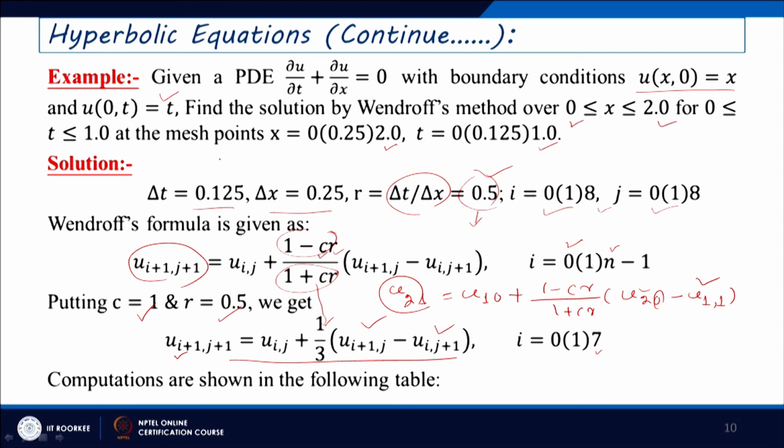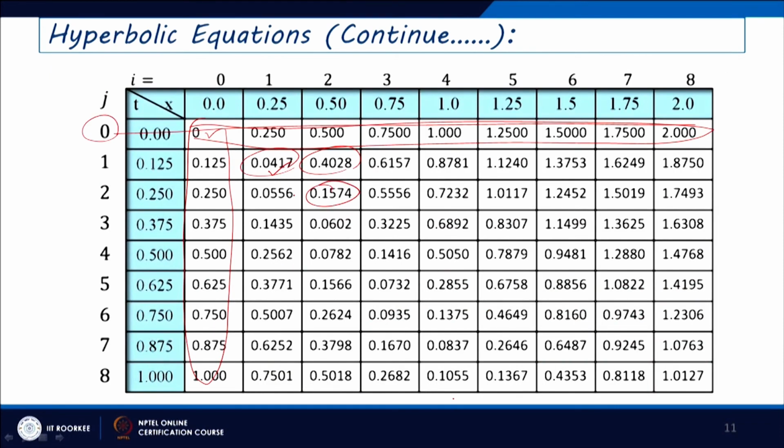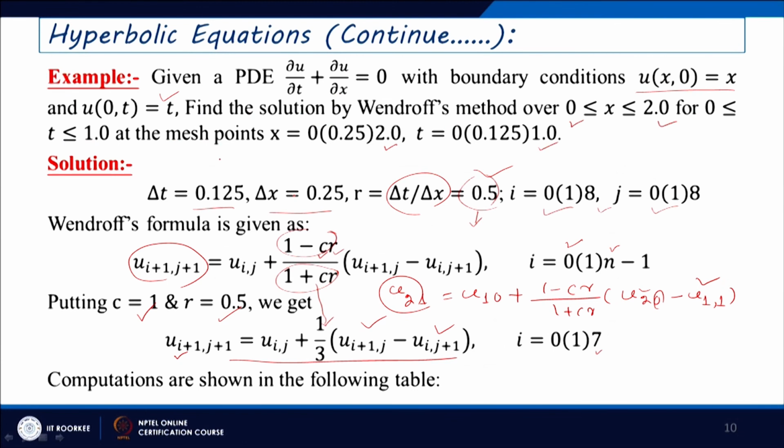Similarly, if you consider this value, we take i as 1 and j as 1. For this step, with i equals 1 and j equals 1, you will have u 2 2. This can be written as u 1 1 plus 1 by 3 into u 2 1 minus u 1 2. So, u 1 2 and u 2 1 can be computed from the previous step of calculations and used to obtain the value at u 2 2 level.